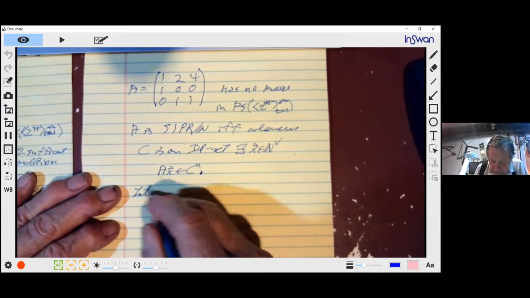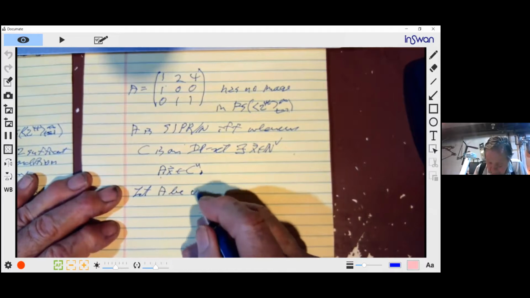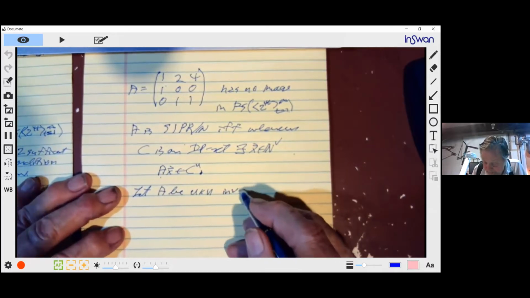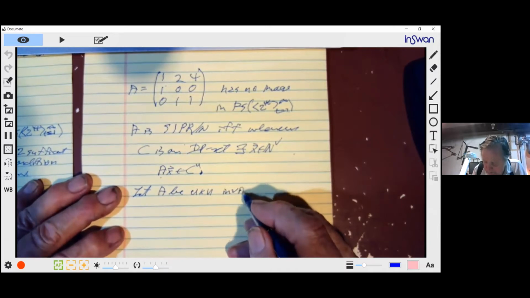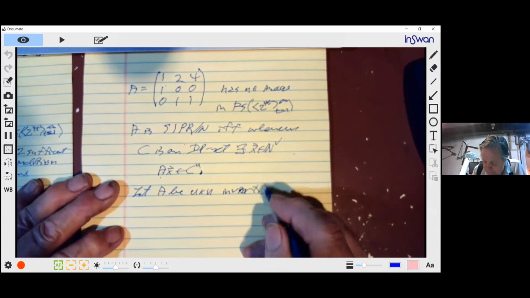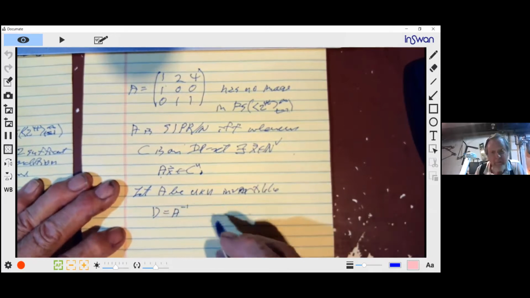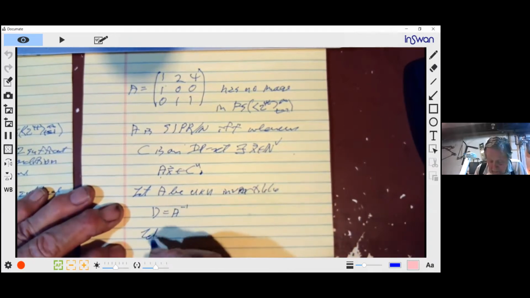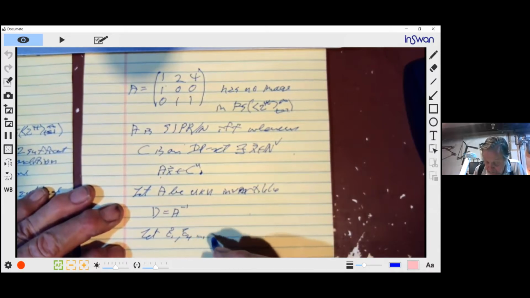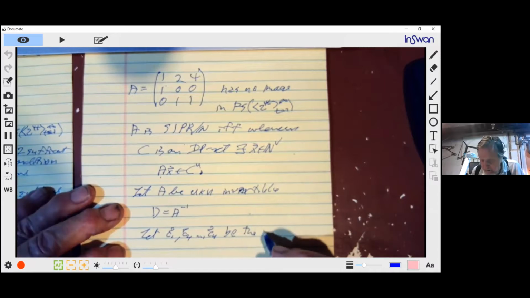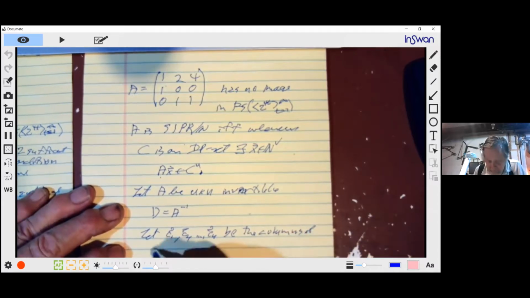We're going to let A be U by U, rank U, so that means, of course, invertible. And let D equal A inverse. And let C1, C2, down through CU be the columns of A.